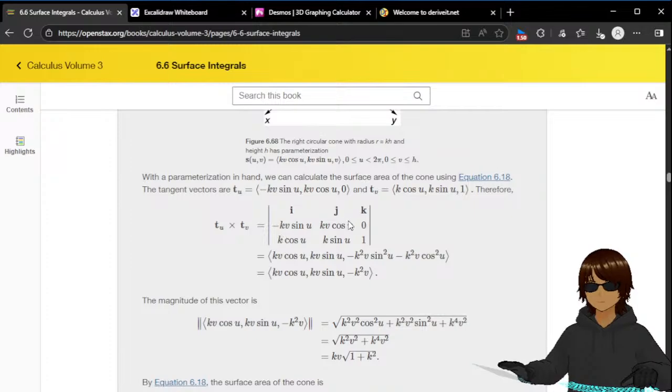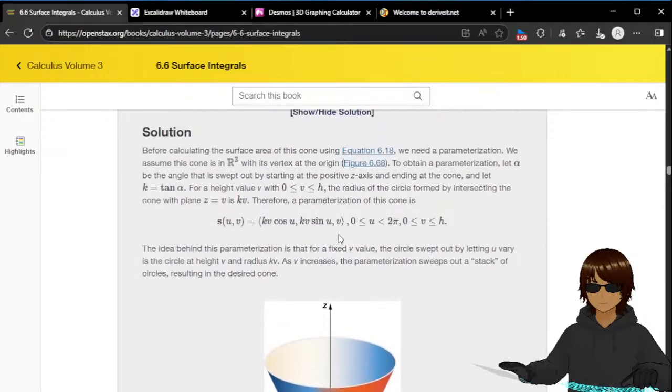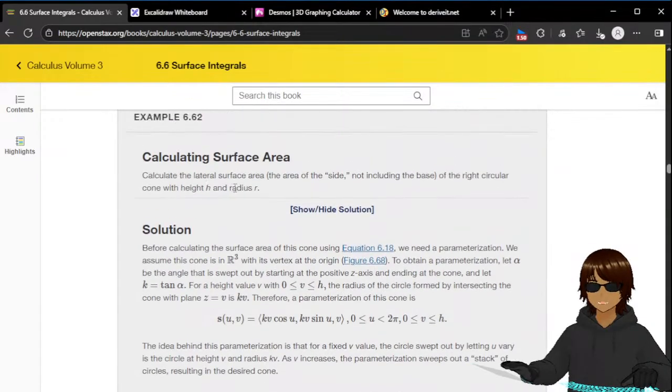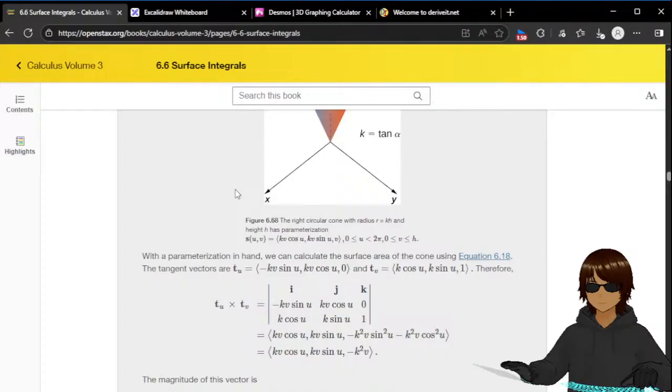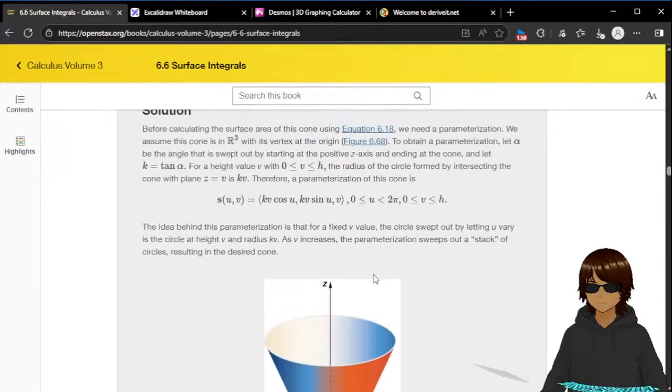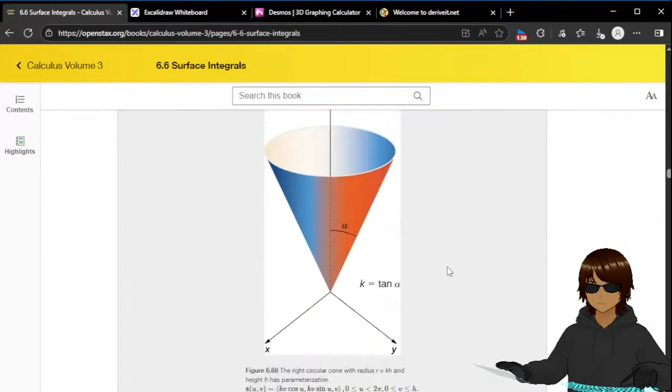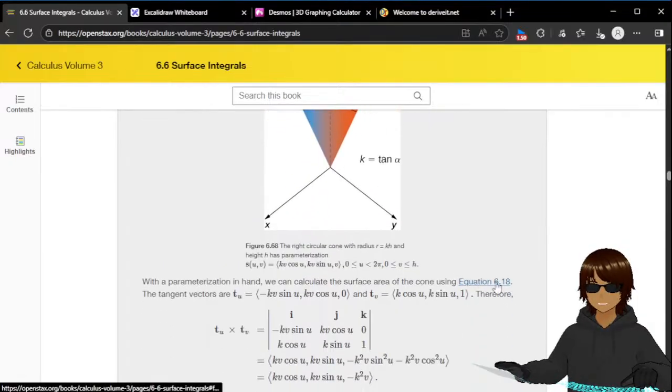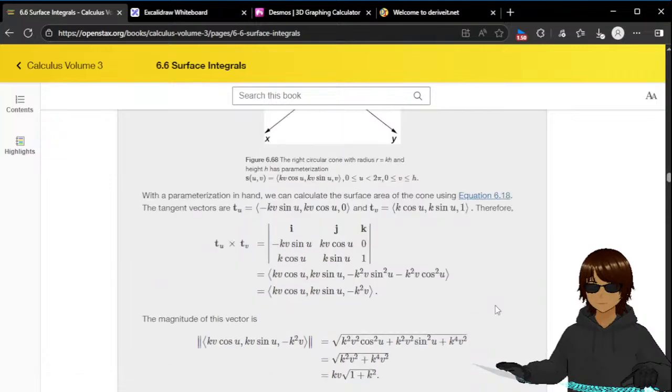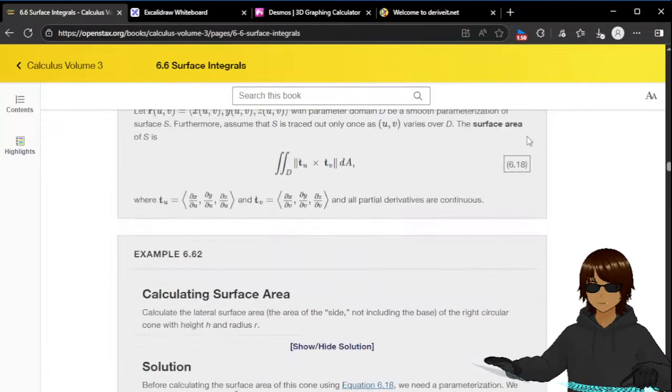Therefore, they said they want height h, right? Tu and tv. Equation 6.18.